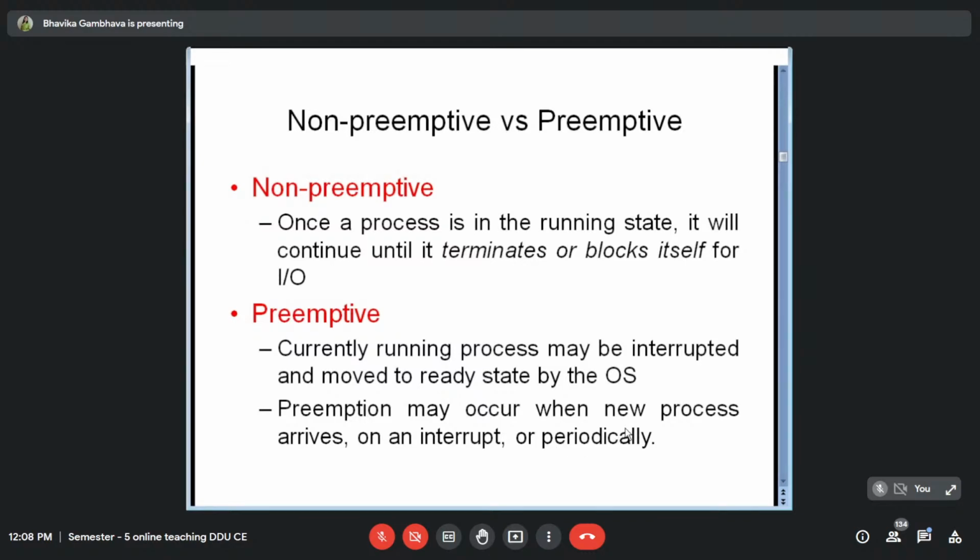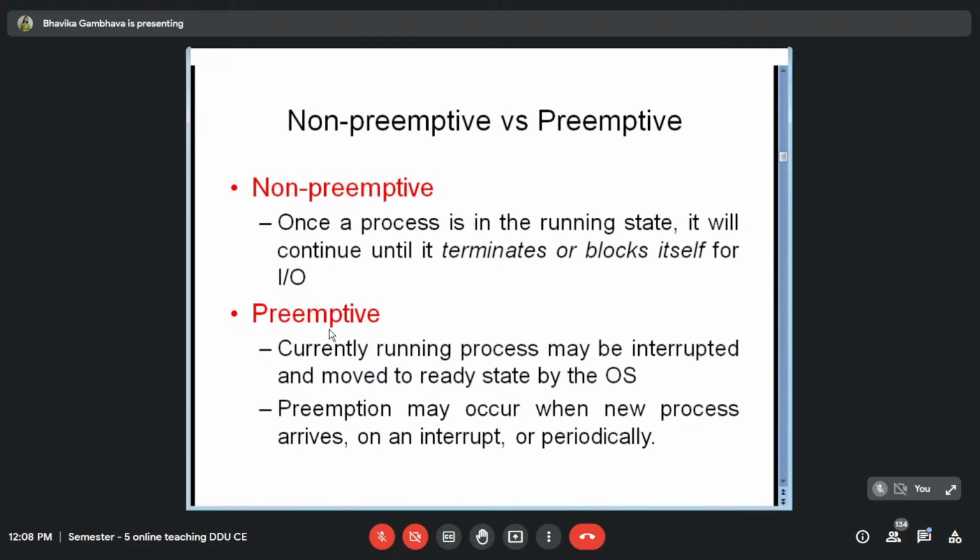Or we allow preemption only when a new process arrives. When the new process arrives, at that point of time we see whether we should allow the preemption. That is also possible. Or we can go for an interrupt as well. Like if someone is waiting for IO and IO was not available at that point of time, but now it is available, then it will generate an interrupt. And at that point of time, we can make a decision whether we want to preempt the system.